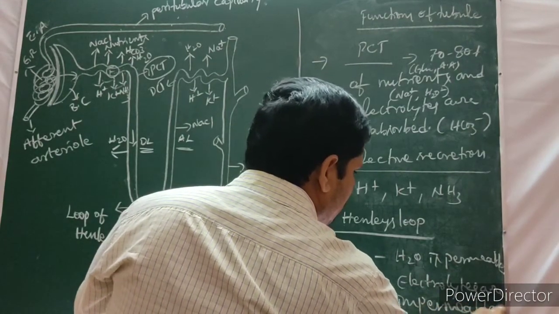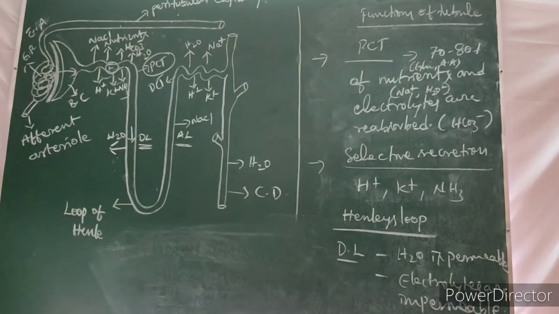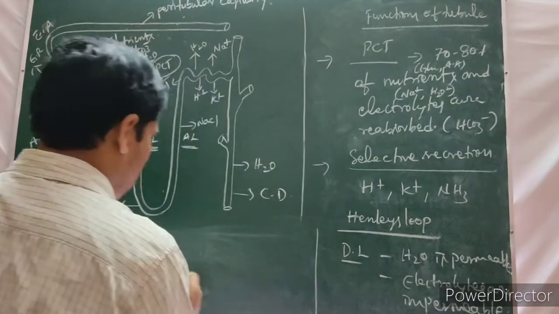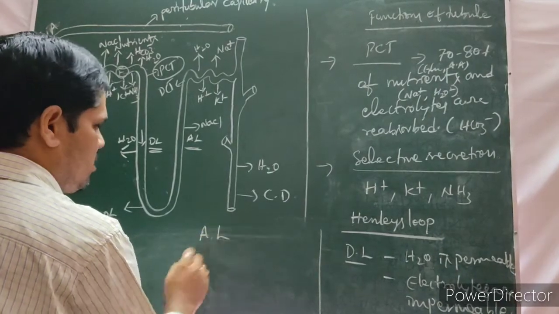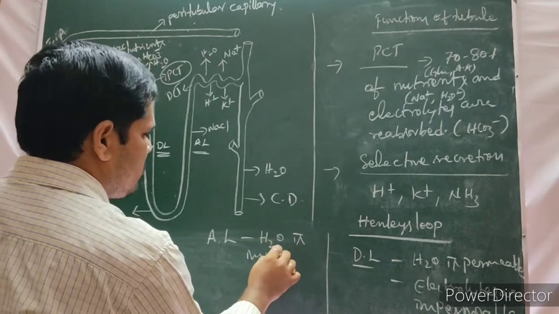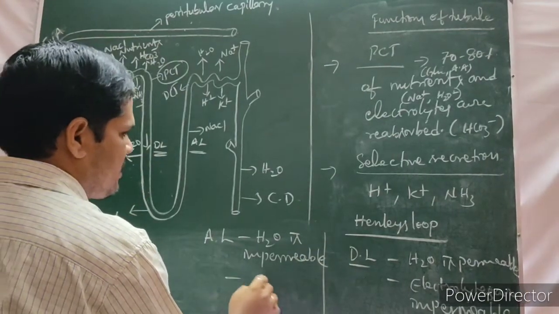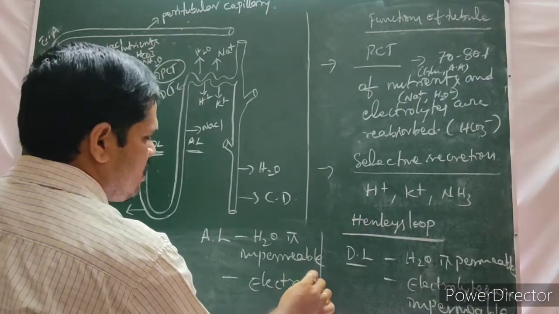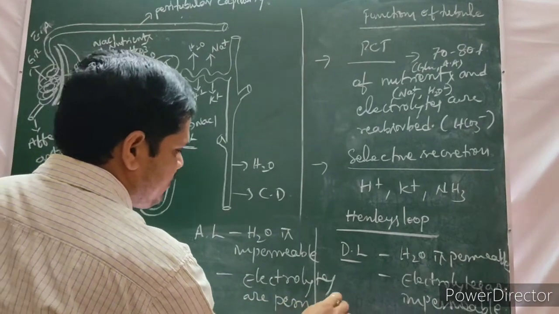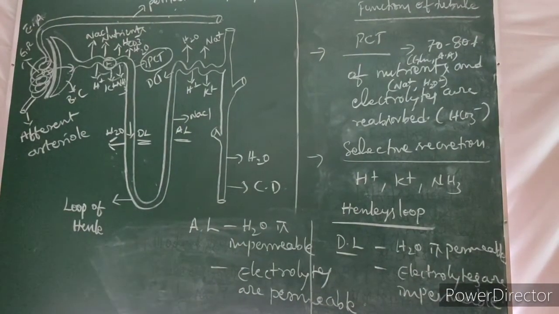That means almost all are impermeable, not at all allowing, only water is allowed. That is what happens in the descending limb. In the ascending limb, it is quite opposite. Water is impermeable. Electrolytes, meaning sodium chloride, are permeable. That is what happens in Henle's loop.